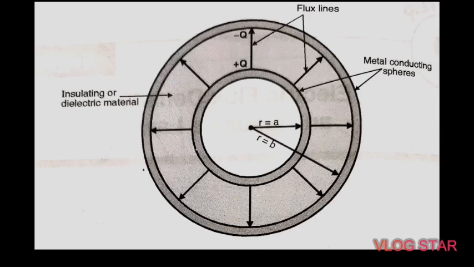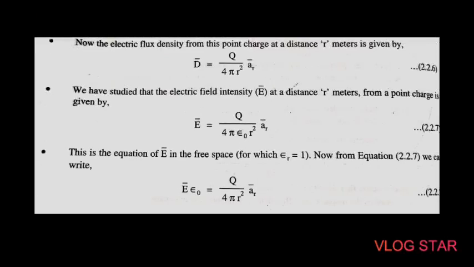Here Q lines of flux are directed outward from this point charge, and these flux lines pass through an imaginary spherical surface of area 4 pi r square. So the electric flux density from this point charge at a distance of r meter is given by D bar is equal to Q upon 4 pi r square into a_r bar.